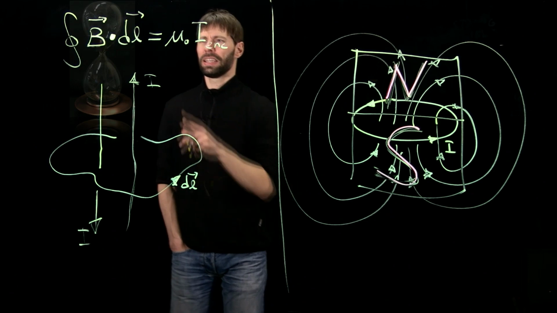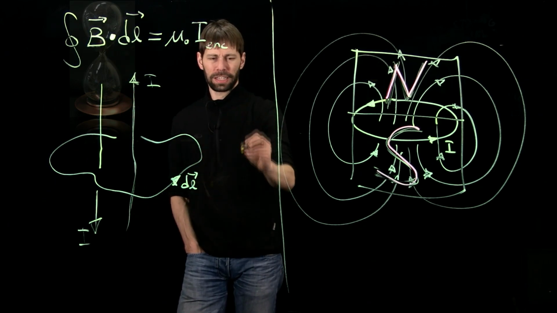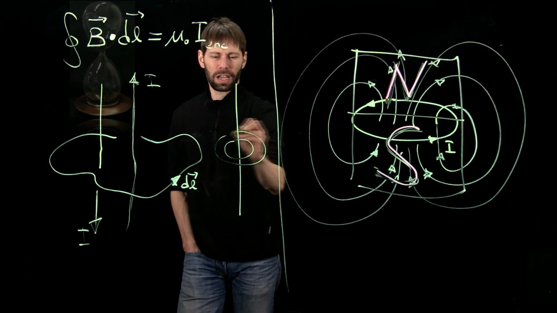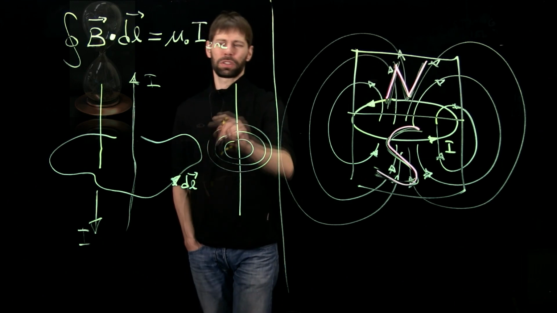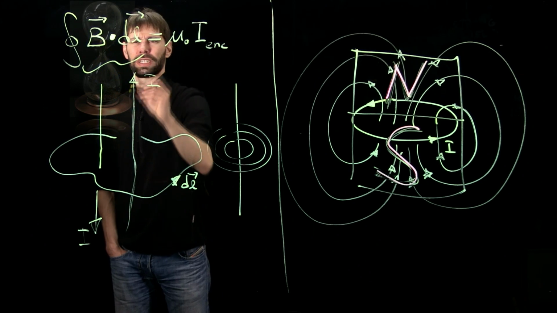So it turns out that if you've got a perfect cylindrical symmetry, for example, in the case of a straight current carrying wire, we know that the magnetic field lines look like circles around the loop, and in this case we can actually calculate this explicitly.